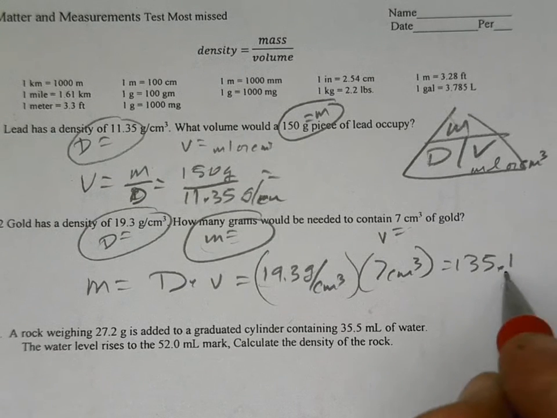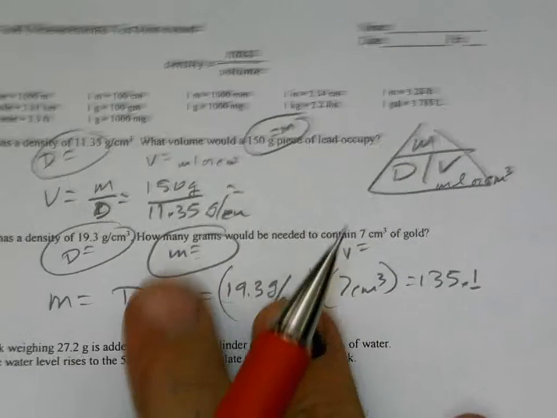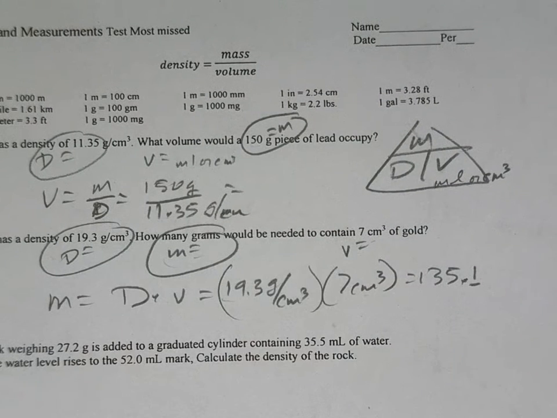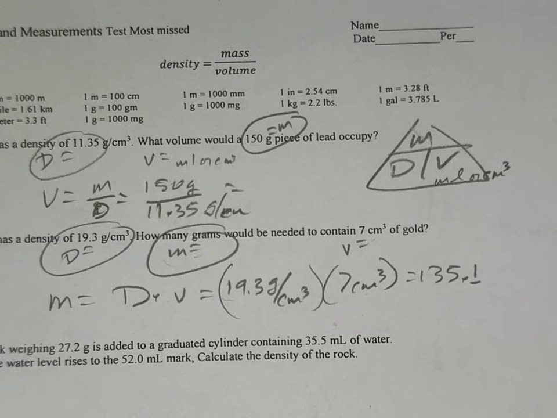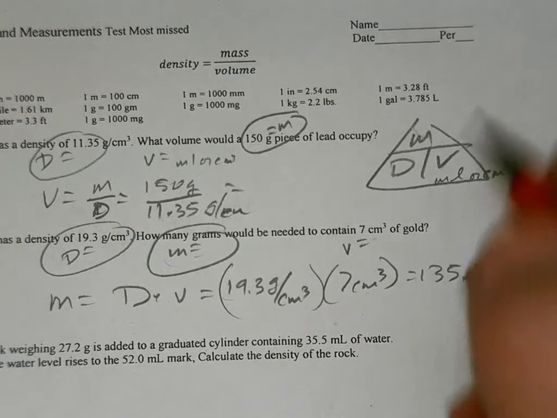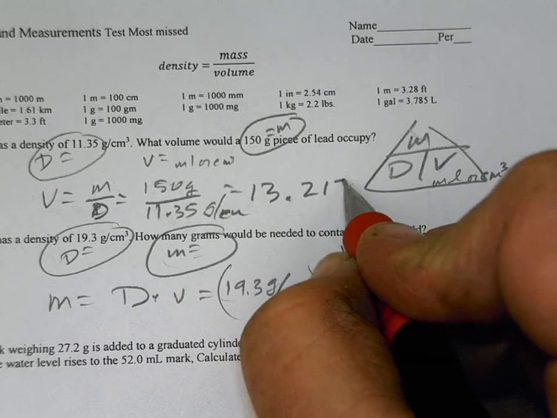So there we go. On this one up here, going back to number 1, 150 grams divided by 11.35 equals, in my calculator, 13.215.